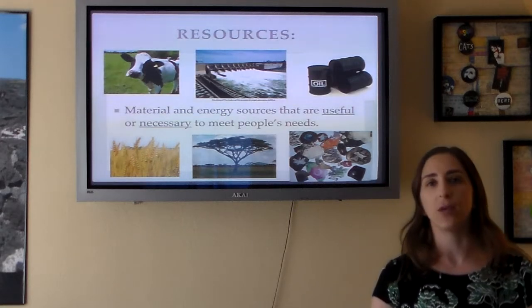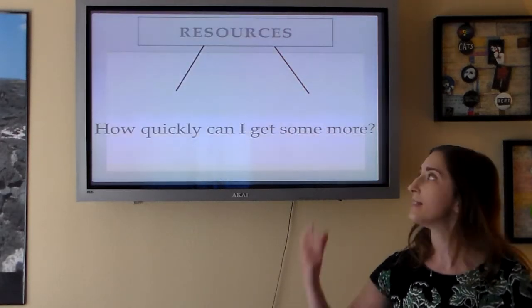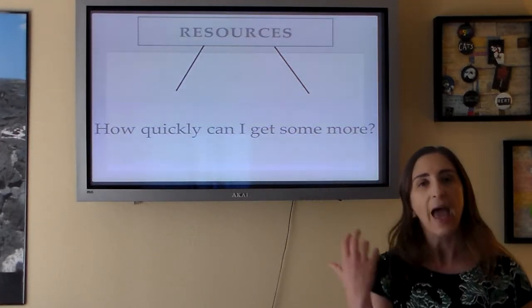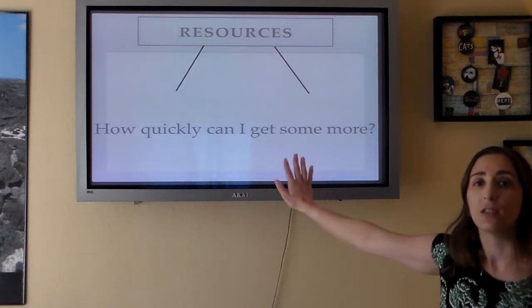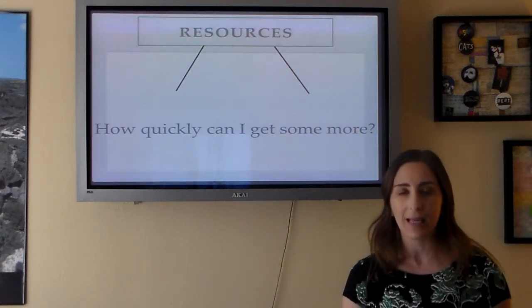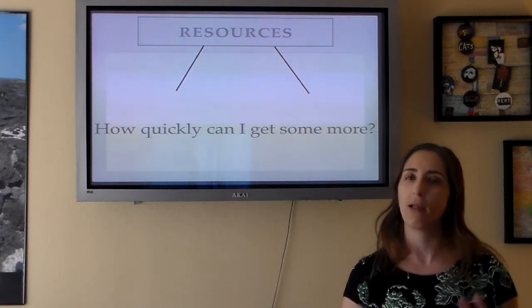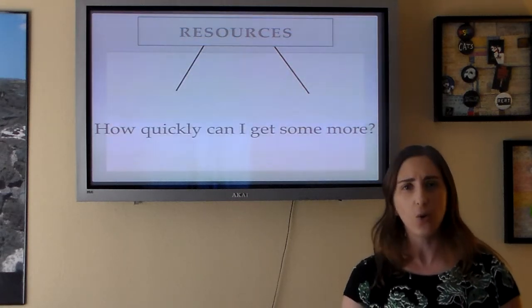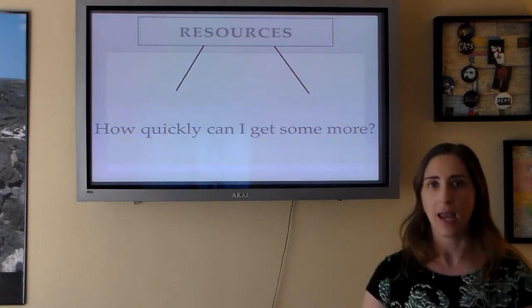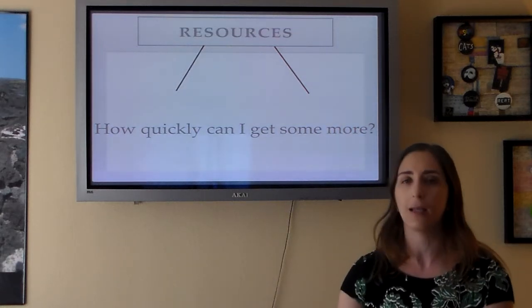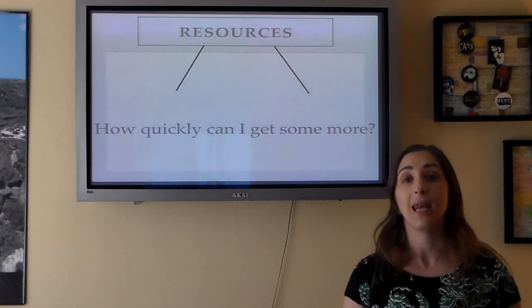So what we're going to be focused on today is how do we take this idea of resources and how can we look at it in terms of this question here, how quickly can I get some more of it, right? That's what we're going to look at for classifying resources: if I pick up a piece of broccoli and I eat it, how quickly can I get some more?